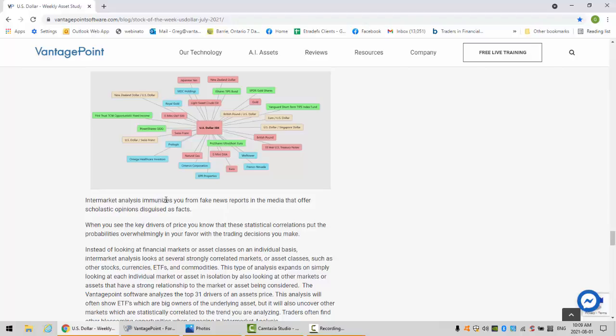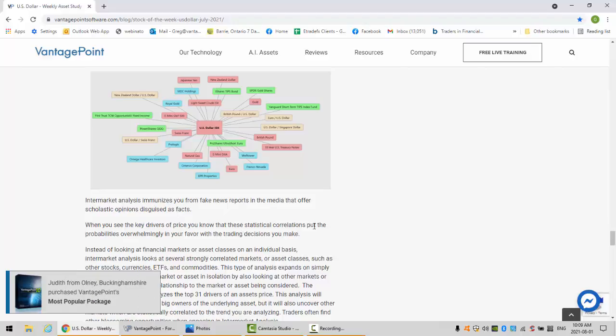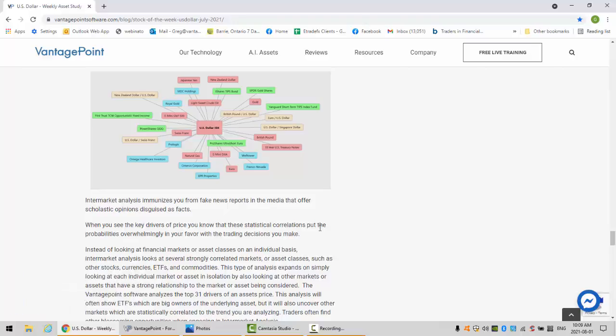"Intermarket analysis immunizes you from fake news reports in the media that offer scholastic opinions." That's the key word here, guys. Opinions disguised as facts. "When you see the key drivers of price, you know that these statistical correlations put the probabilities overwhelmingly in your favor with the trading decisions you make."